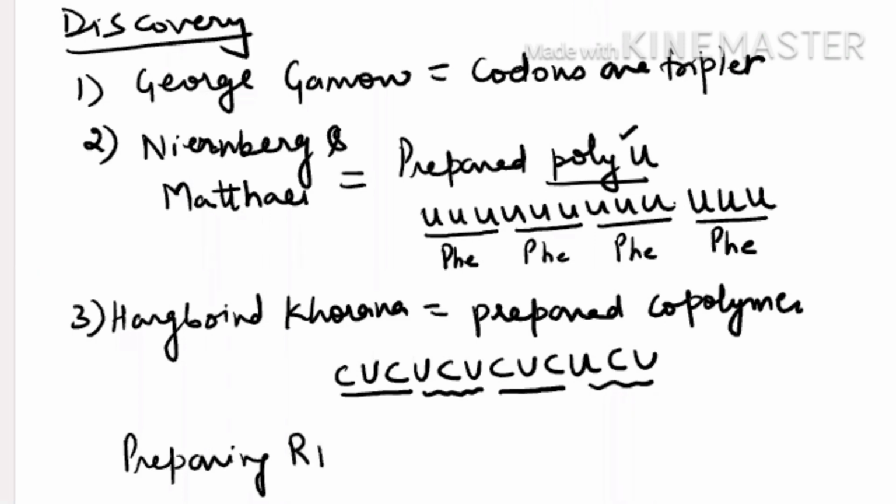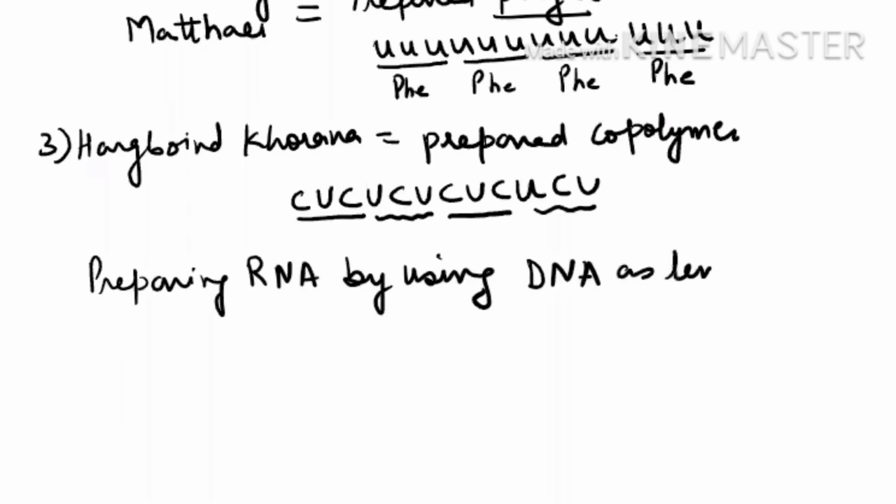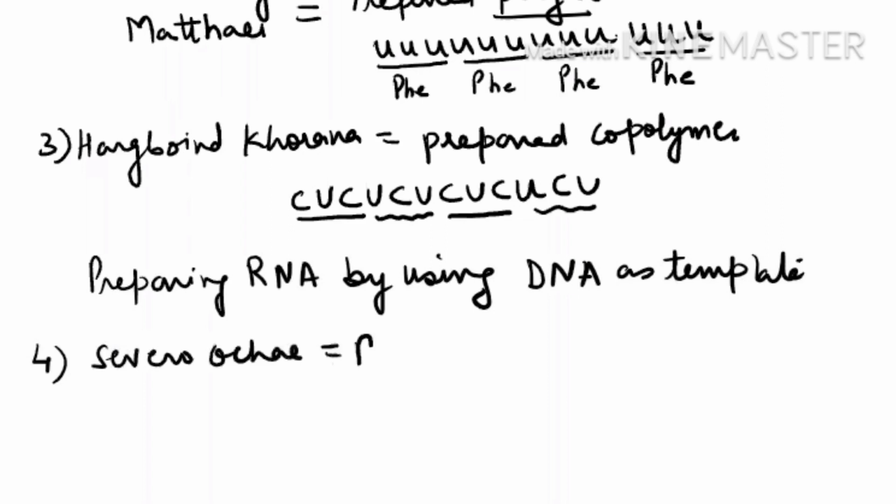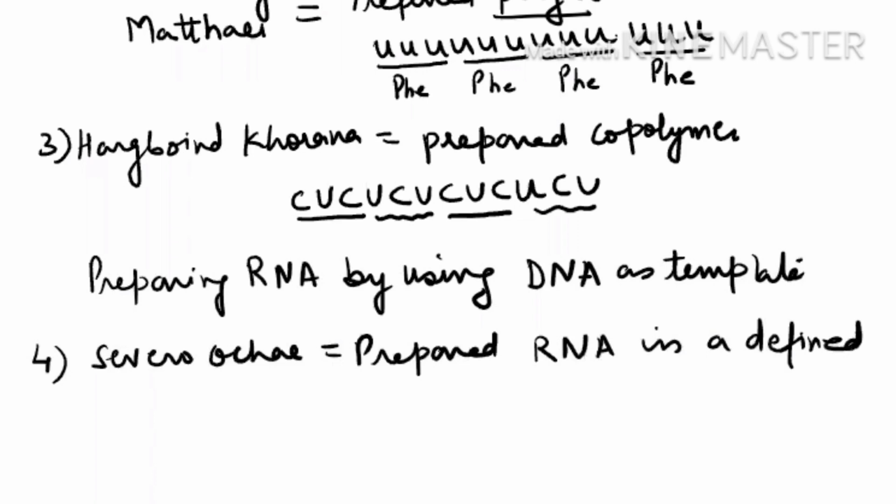They were preparing RNA by using DNA as a template. Now another scientist, that is Severo Ochoa. He prepared RNA in a defined sequence. This is very important, please learn it carefully. In a defined sequence means either using homopolymer or copolymer.